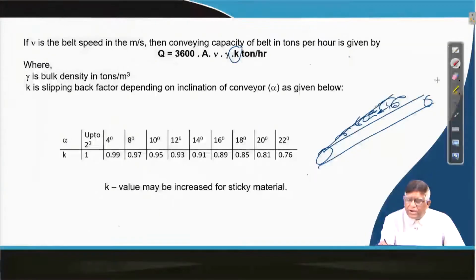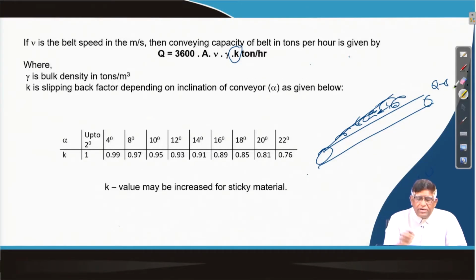That is why the quantity that went up will be delta Q less, and because of this delta Q, the factor K is used.